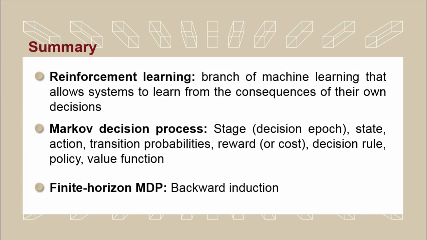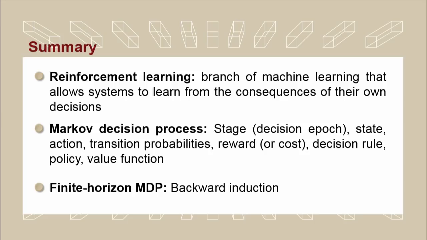All right, so in today's session, we learned what reinforcement learning is. Reinforcement learning is a branch of machine learning that allows the system to learn from the consequences of its own decisions. Next, we learned the basic components of the Markov decision process, including the stage or decision epoch, state, action, transition probability, and rewards, and in addition to them, we talked about the decision rule, policy, and value functions.